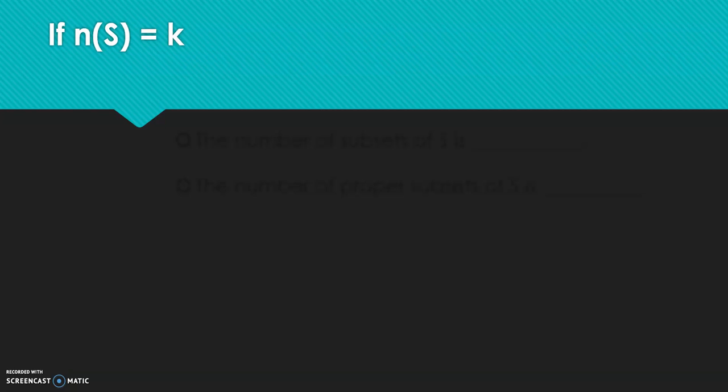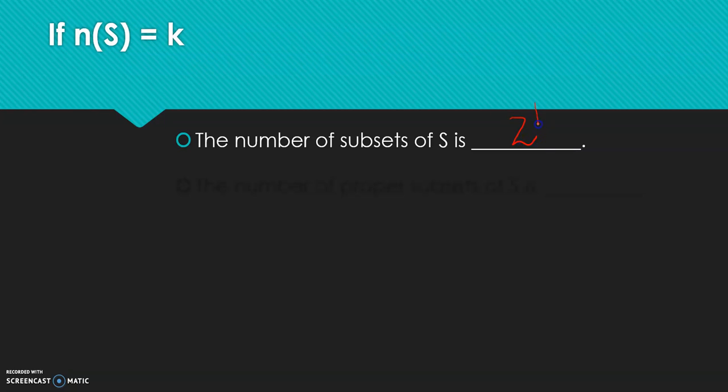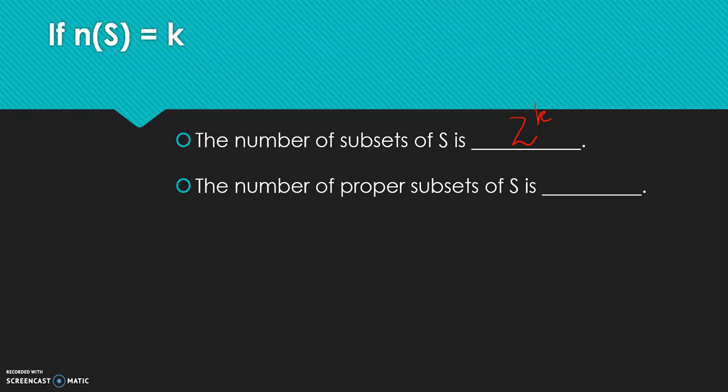So if the number of elements in our set equals k, the number of subsets is 2 to the k. The number of proper subsets, remember that's all subsets that aren't the set itself, is 2 to the k minus 1.